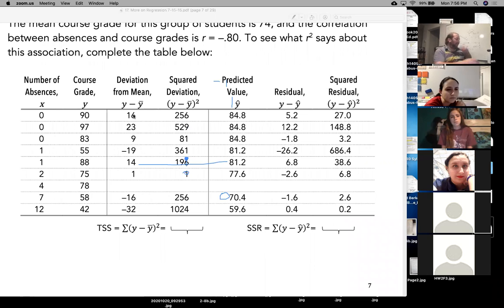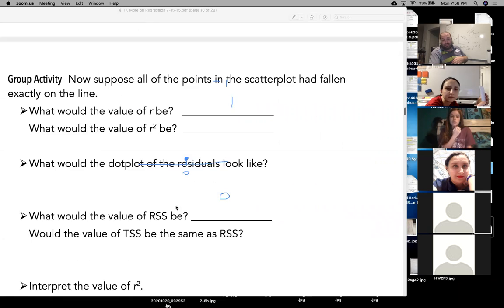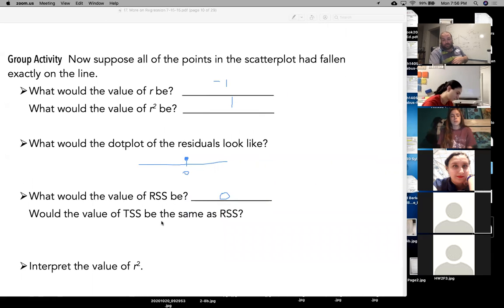Are all the y's the same? If we have a line like this or like this, it makes no difference. Are all the y values the same? No. So the y minus y bars are not all going to be 0, which means TSS is going to be bigger.